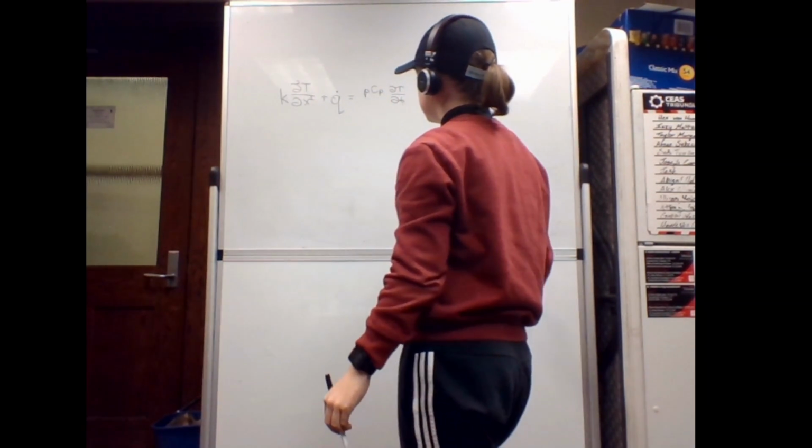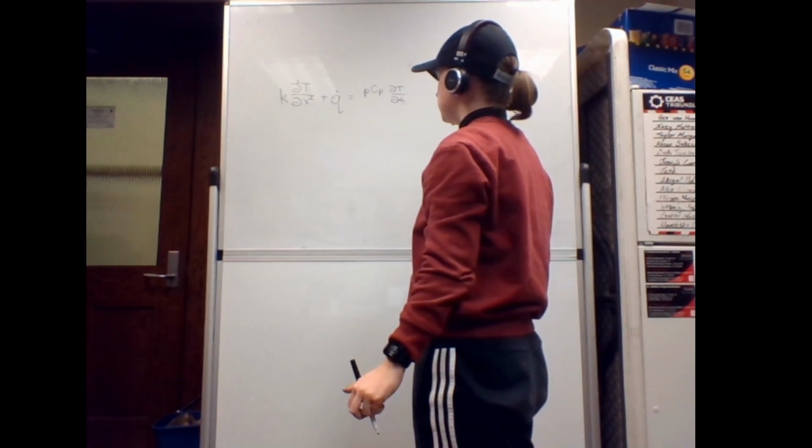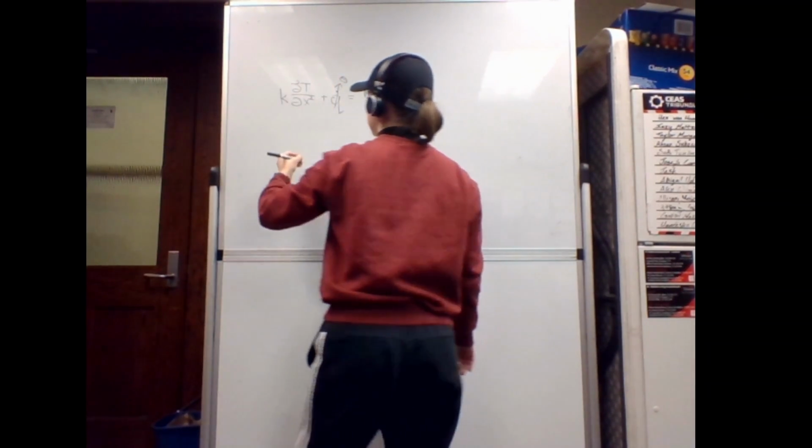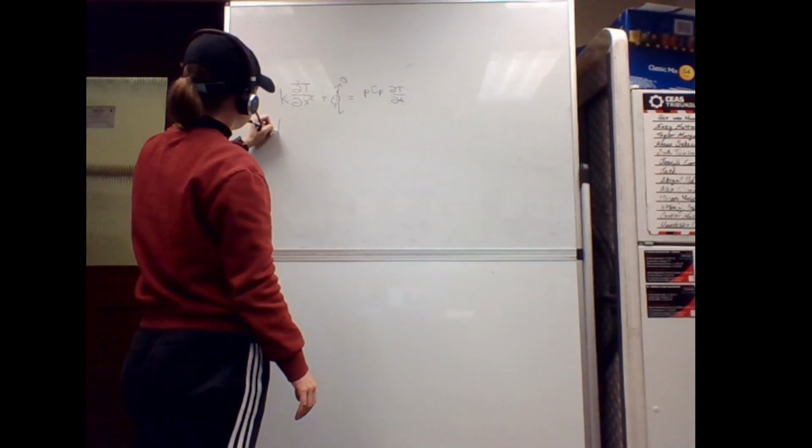Okay, so this is at steady state and we're using Cartesian coordinates, but we also said we don't have heat generation, so that's going to go to 0. So we can rewrite this.